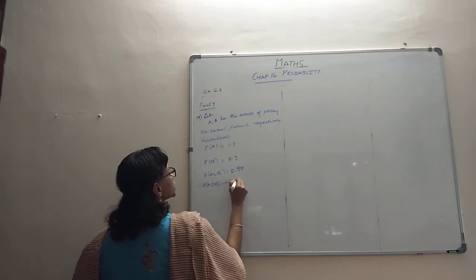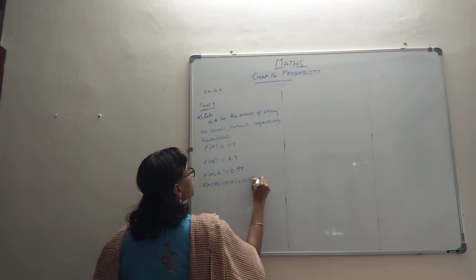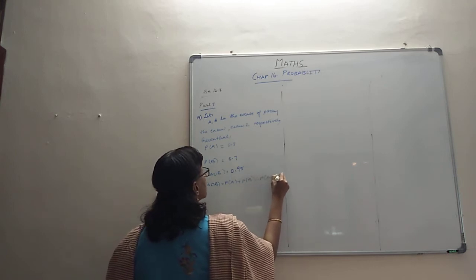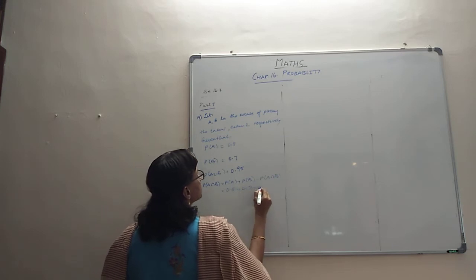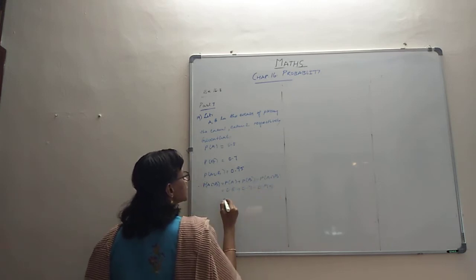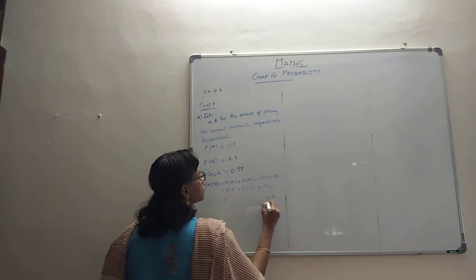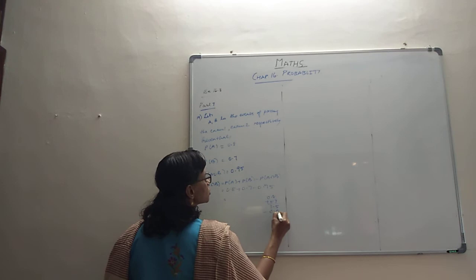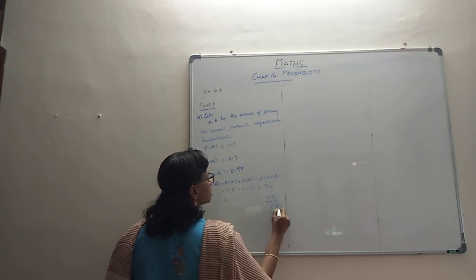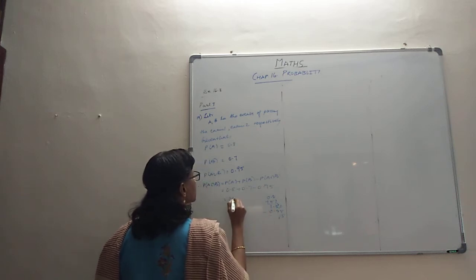So they ask us the probability that he passes both. Probability of A intersection B is probability of A plus probability of B minus probability of A union B. It will come to 0.8 plus 0.7 minus 0.95. 0.8 plus 0.7 is 1.5. From there you have to subtract 0.95, so it's 0.55.